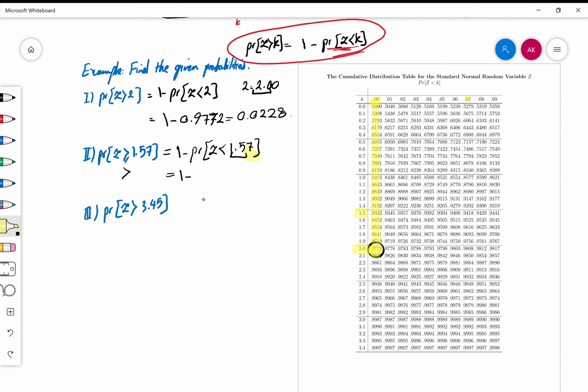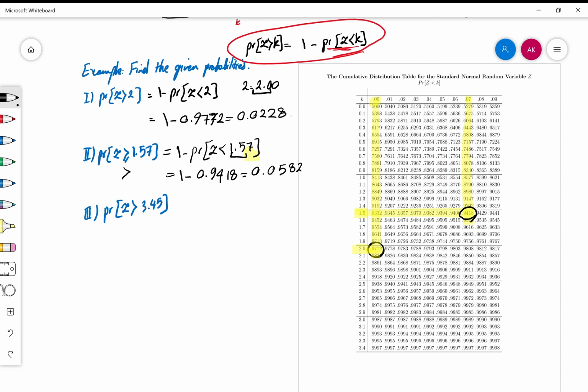We go this way, we go that way, the intersection is 0.9418, and that gives me 0.0582.